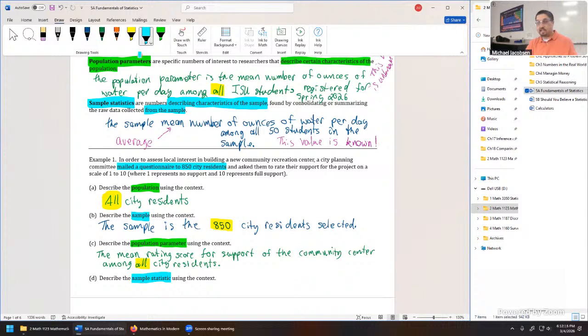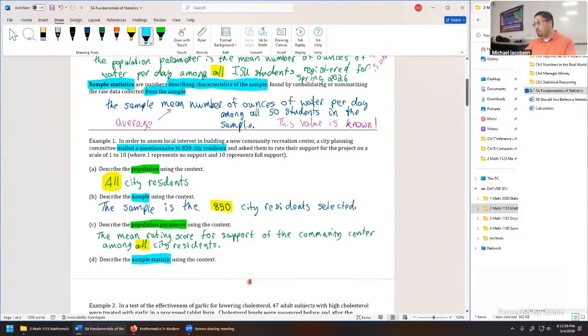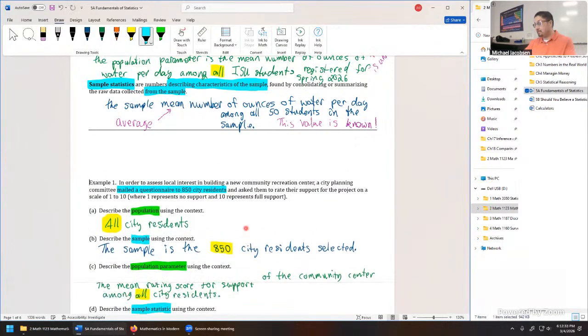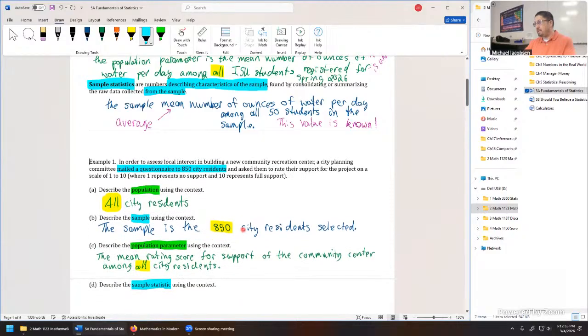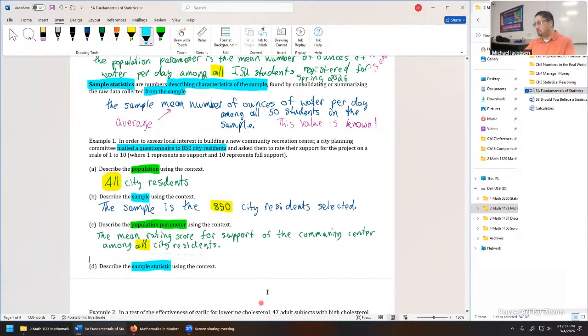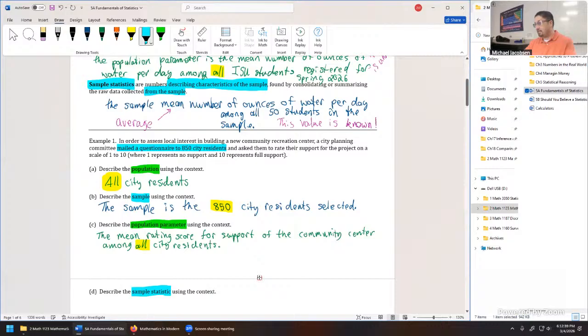A sample statistic is really this whole thing that we just said, except that we're talking about just the people inside the sample, which was the 850 city residents. So when we go to describe the sample statistic, let's maybe put this on a new page, so we can see it all with the definition so far.